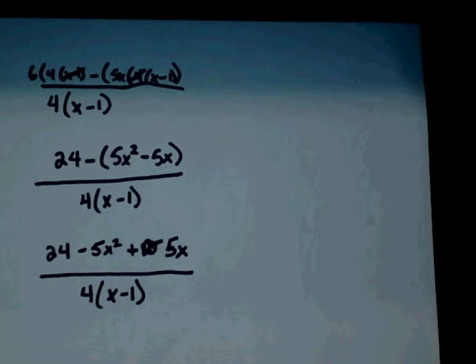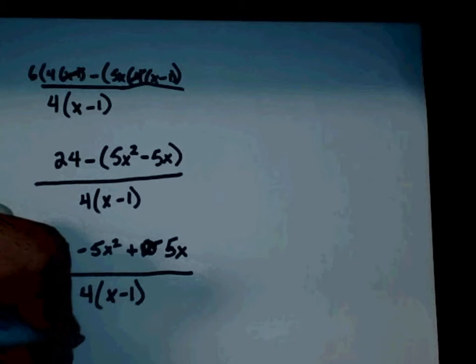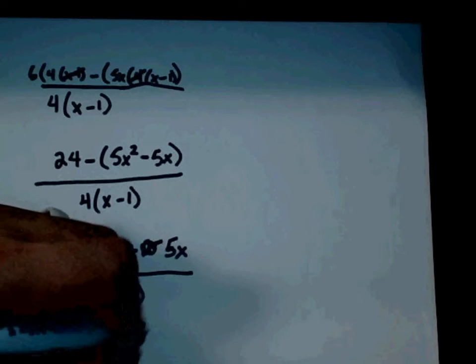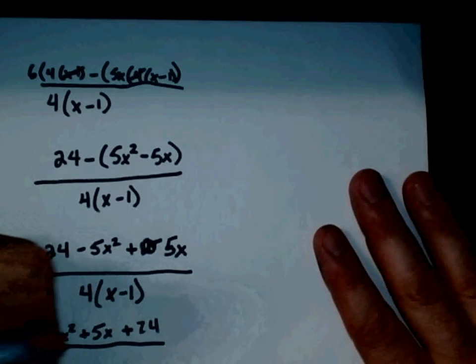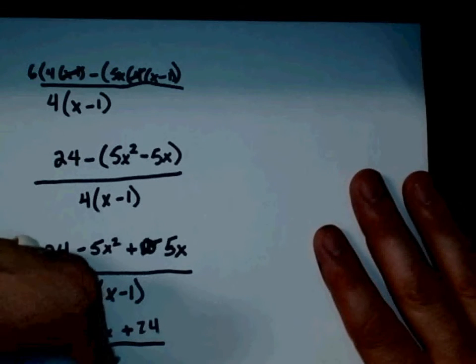All right? So I'm going to write that in order now so we can look at this quadratic. So it's negative 5x squared plus 5x plus 24 all over 4 times x minus 1.